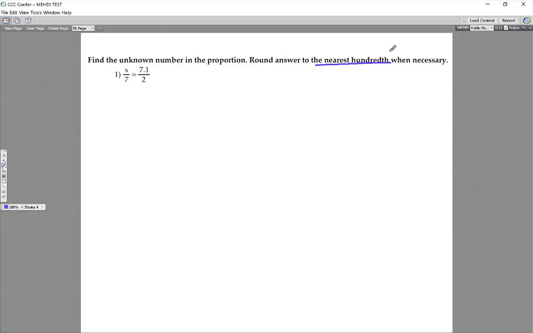So for this problem, we have a proportion. We need to solve for x, the unknown variable, and we're going to cross multiply. So we're going to cross multiply x times 2. So we have 2x equals, and then we'll cross multiply 7 times 7.1.